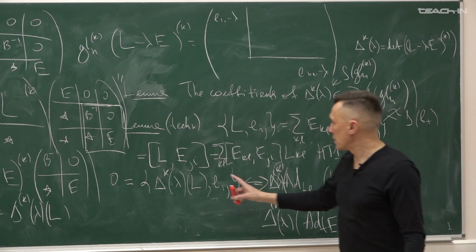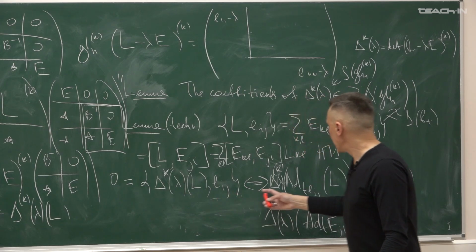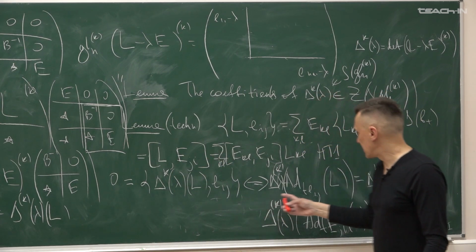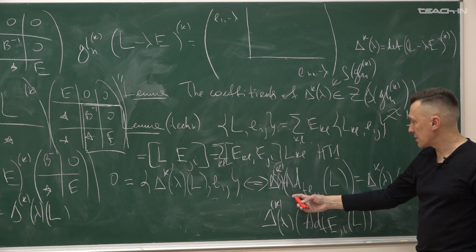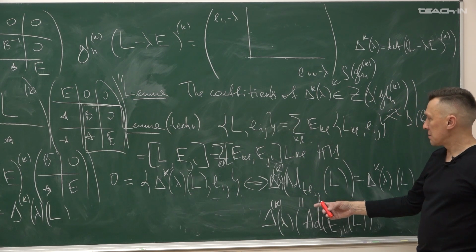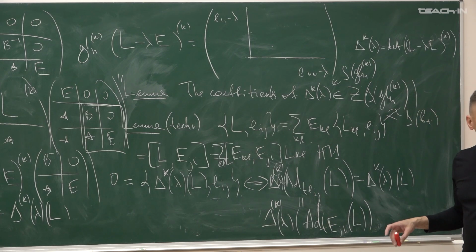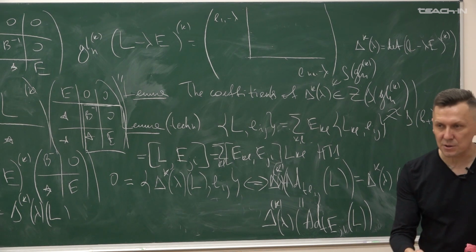So first of all, this Poisson bracket is the same. If this is 0, it's the same as saying that the action of the adjoint Lie group preserves the function. The infinitesimal action is trivial.